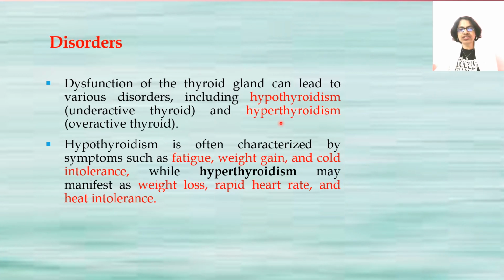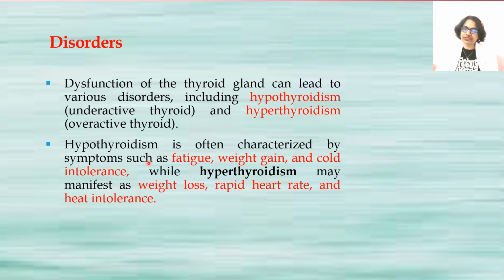Then if the thyroid function has any abnormalities, what kind of disorders can we identify? Dysfunction of the thyroid gland can lead to conditions like hypothyroidism, that is also known as underactive thyroid, and hyperthyroidism, that is overactive thyroid gland. Hypothyroidism is often characterized by fatigue, weight gain and cold intolerance.